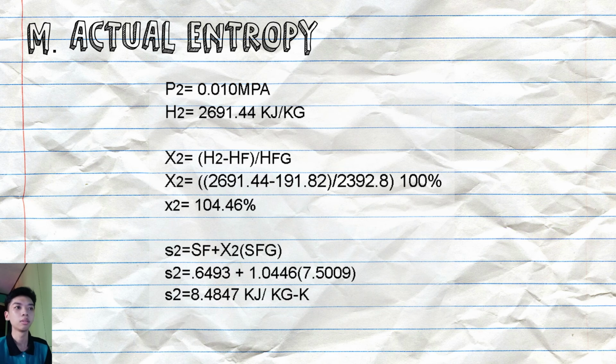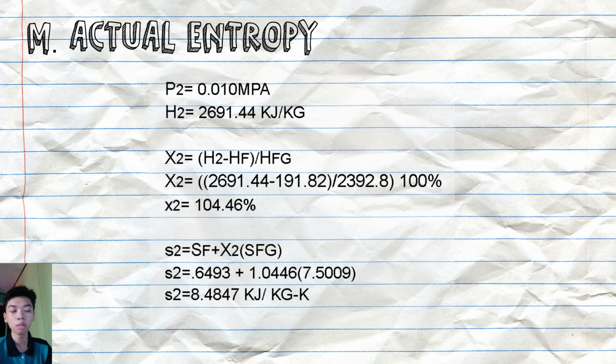Substitute the given to the formula: 2,691.44 minus 191.83 over 2,392.8 multiplied by 100 is equal to 104.46%. Take note that the specific enthalpy and HFG can be found in the steam table.